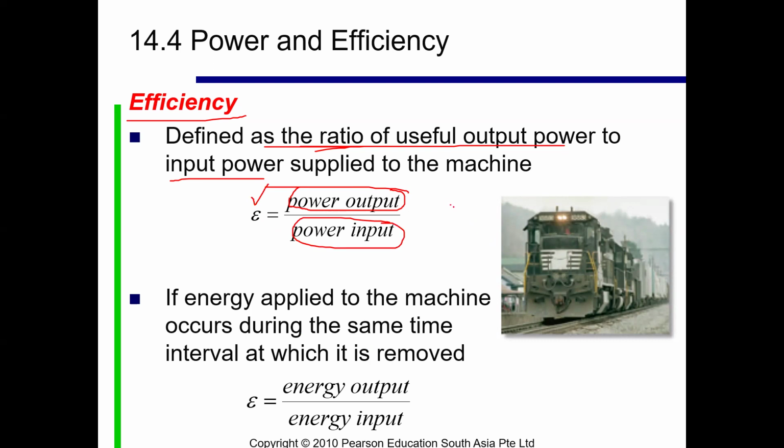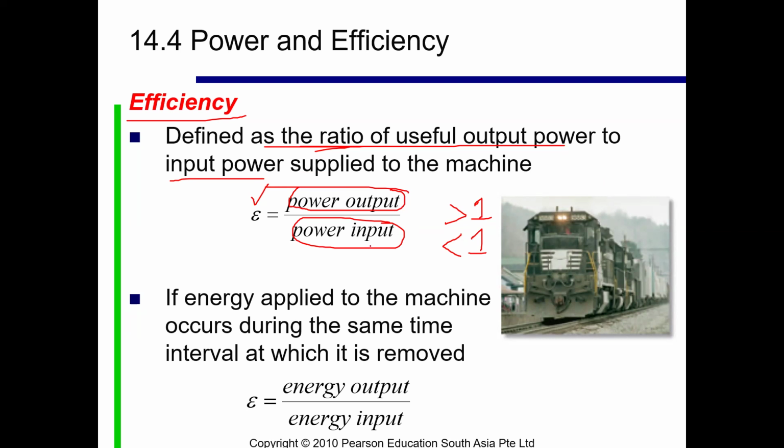Should efficiency be more than one or less than one? What is your understanding about it? More than one, should be more than one.